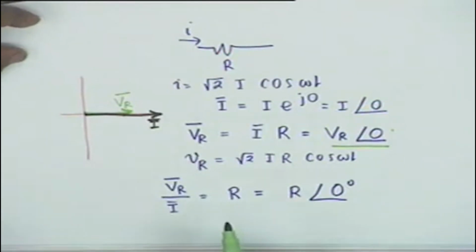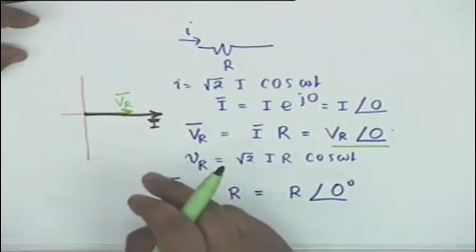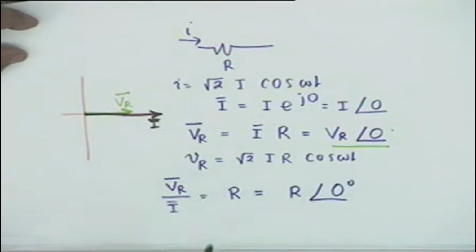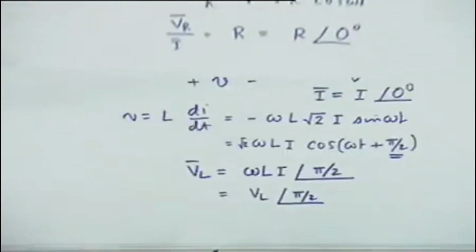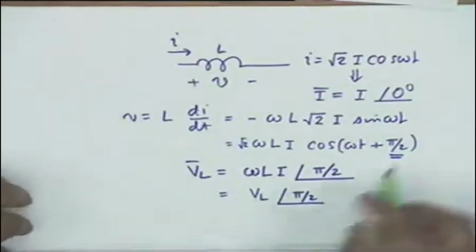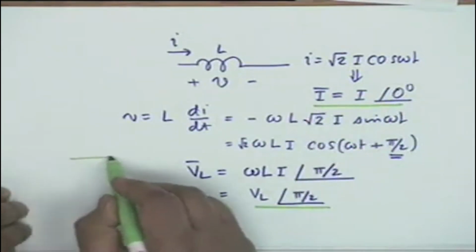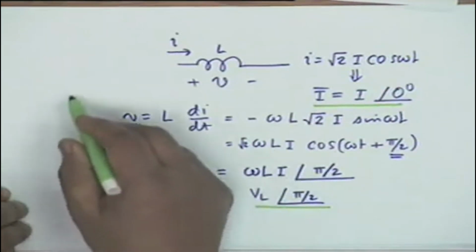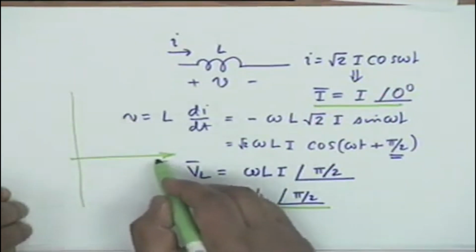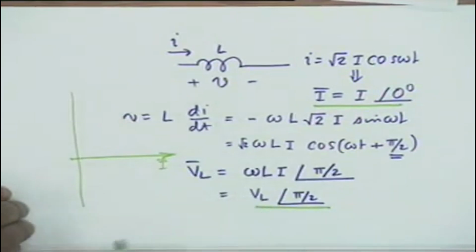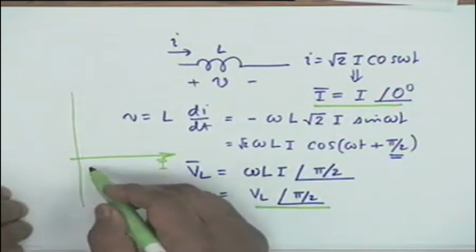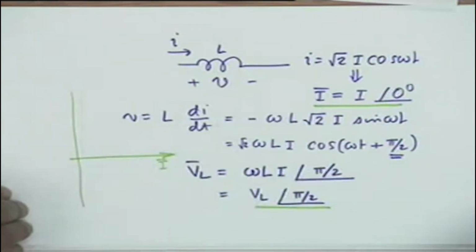On the other hand, if I represent the current-voltage relationship in an inductor, the current phasor is this and the voltage phasor is this. If the current phasor is along the real axis, then the voltage phasor shall be along the imaginary axis, the perpendicular axis, because it leads by an angle of pi by 2.